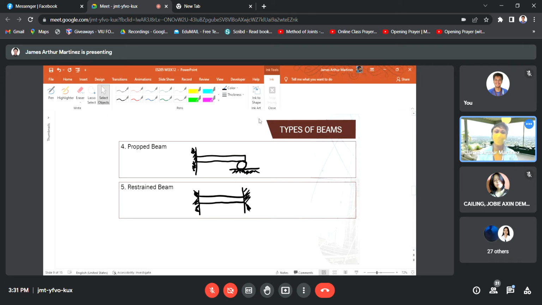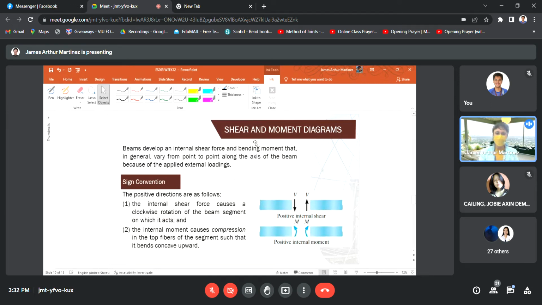So for statically indeterminate beams, we are to consider the elastic deformation of our beams to get additional equations, and eventually solve the unknown forces. Okay?